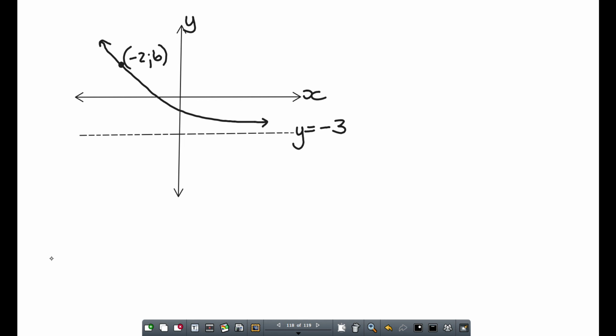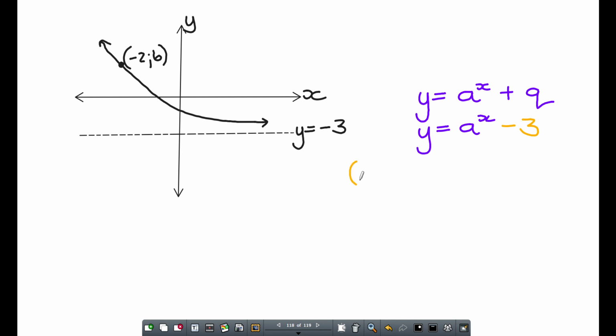Right, so step 1, we start with the equation: y is equal to a to the power of x plus q. Now, instead of q, I say what my asymptote was, and my asymptote here was minus 3. Then step 2, substitute the point.